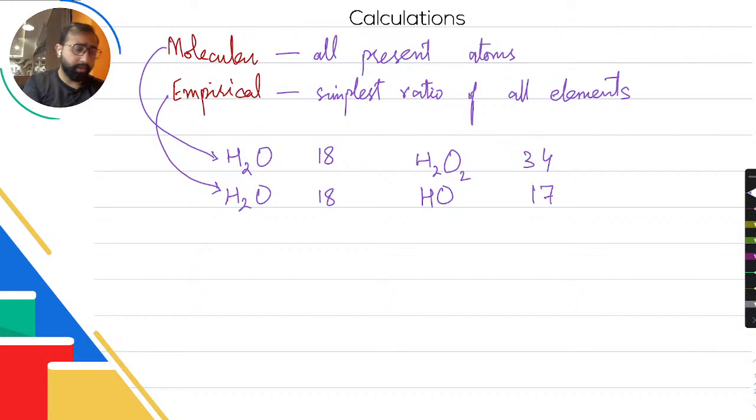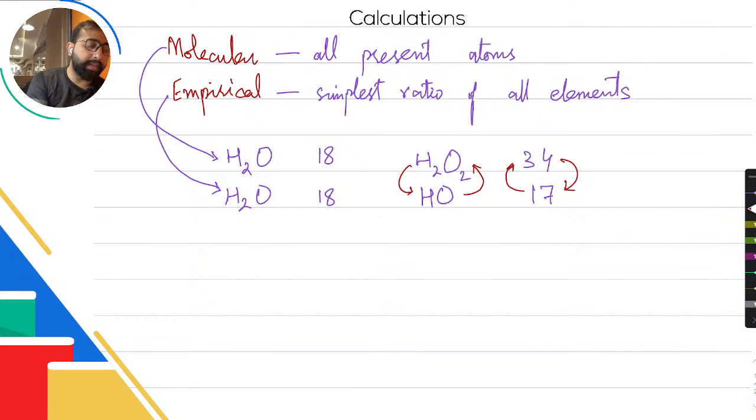Now this is interesting, because how do I get from H2O2 to HO? I just divide it by 2, right? That's how I get the empirical formula. So why wouldn't I get the mass if I divide the mass by 2? Or in other words, if I multiply this formula by 2, I get the molecular formula. And if I multiply the empirical mass by 2, I get the molecular mass, MR. So that's an interesting relationship.